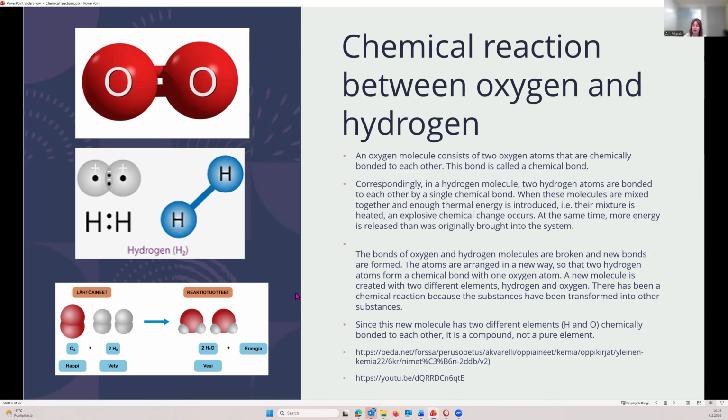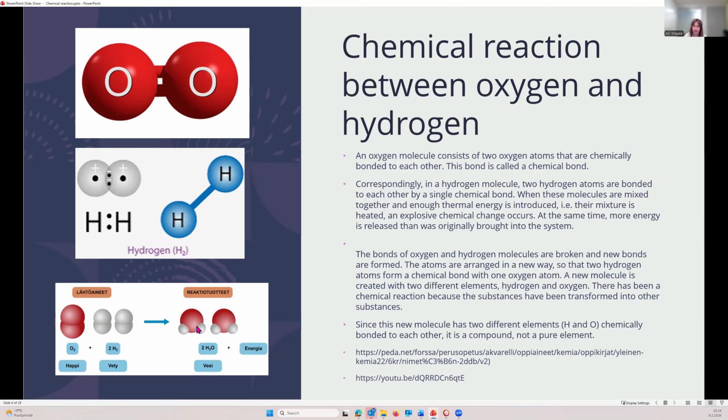And of course, the atoms are arranged in a new way. And then there are two elements in each molecule here. Here, these were just single element molecules at first, now there are two elements together. And it's called a chemical compound.